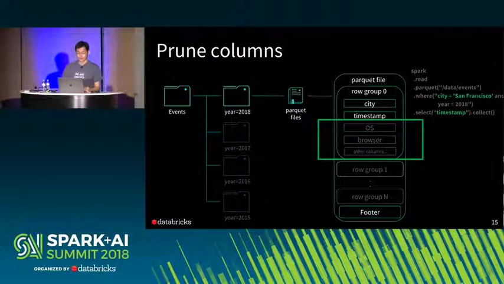So far we are doing well, but we can make it even better. As there are many column chunks, we don't need to read them all into Spark. All we need are two columns, timestamp and city. We need the column timestamp for the result output, of course, and we need the column city to evaluate filtering in Spark.